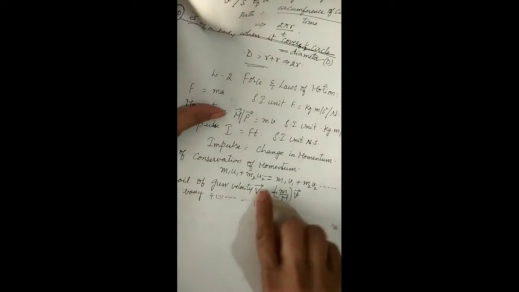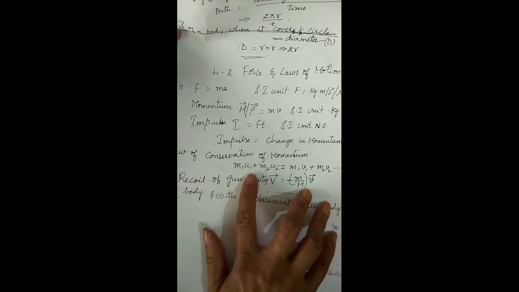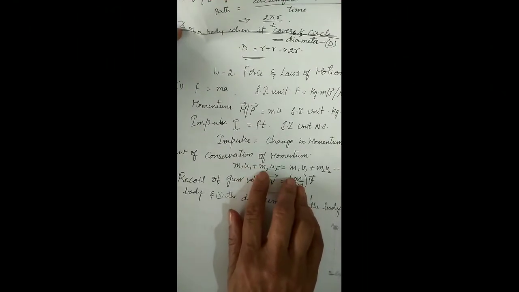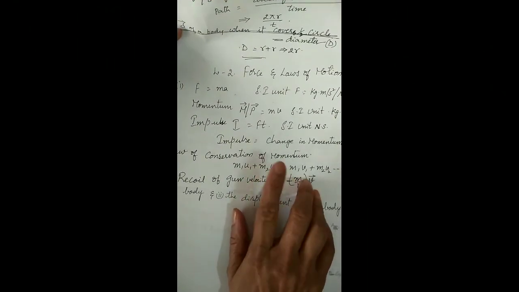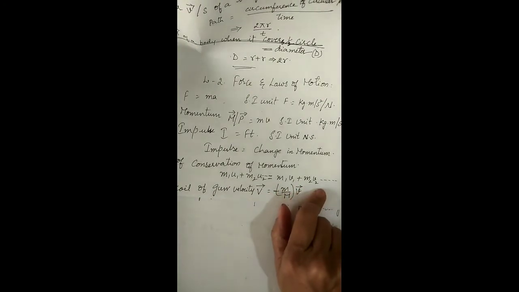Now coming to the law of conservation of momentum. The total momentum of the system before collision is equal to that after collision. So m1 u1 plus m2 u2 plus m3 u3 and so on is equal to, after collision, m1 v1 plus m2 v2 plus m3 v3 and so on.